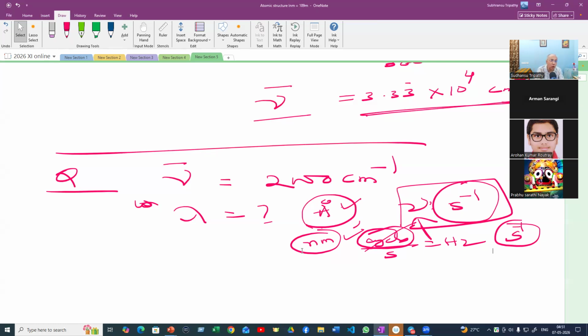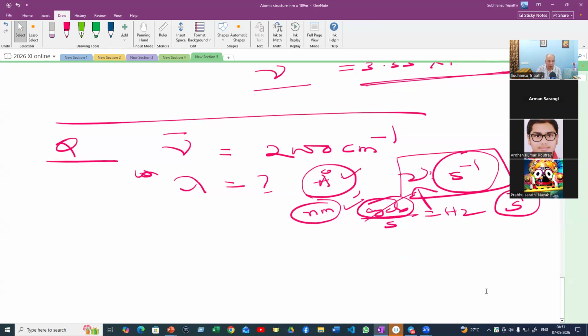How far can you go in developing the concept? In atomic structure, the most important part is quantum theory and then quantum mechanics. The introduction, the idea of quantum mechanics, the Schrodinger's equation and its application, that will be given to you conceptually.